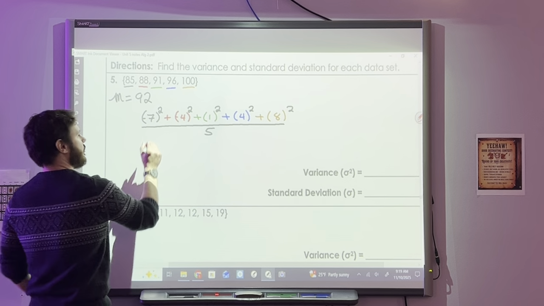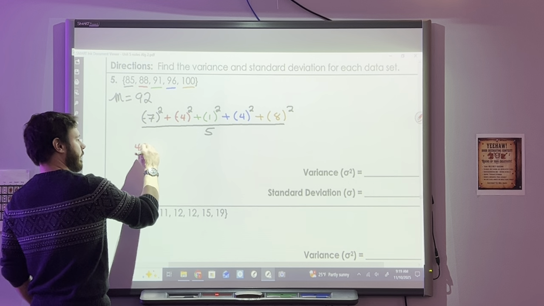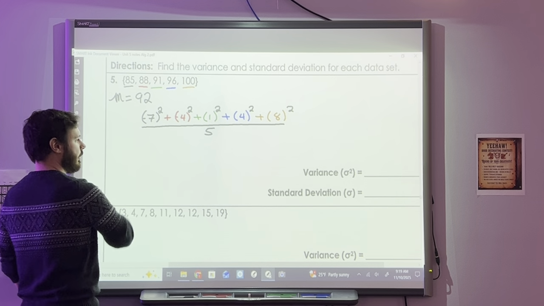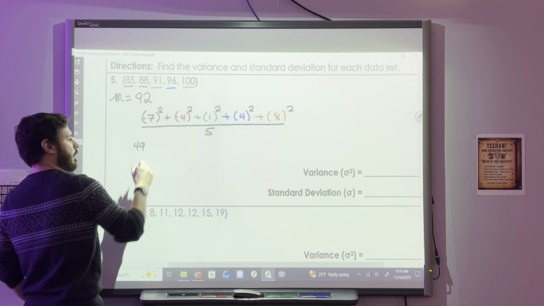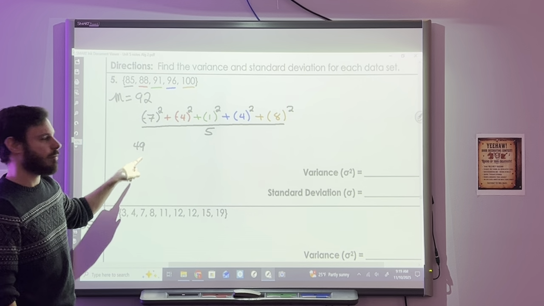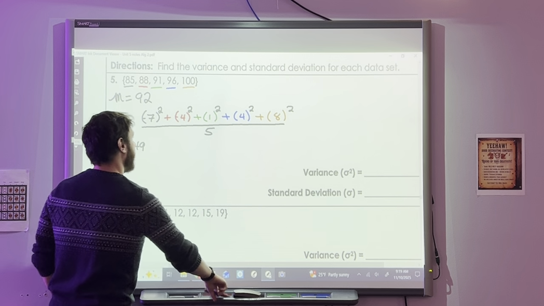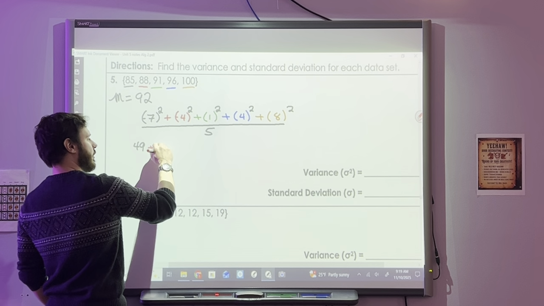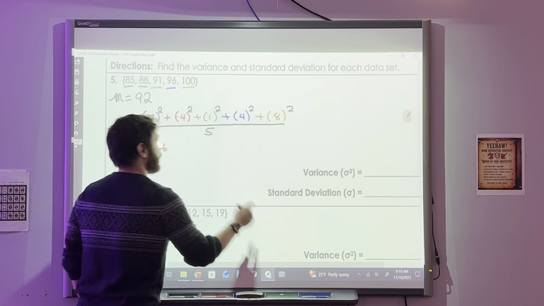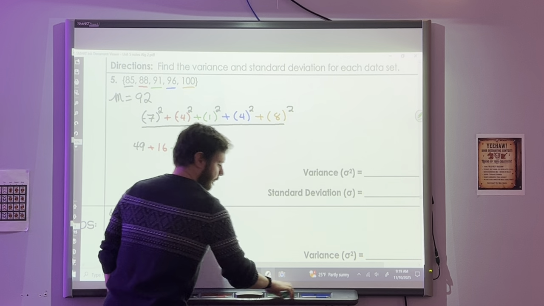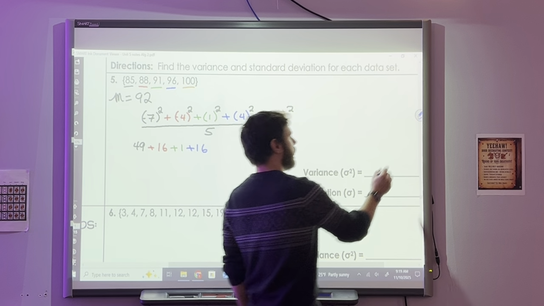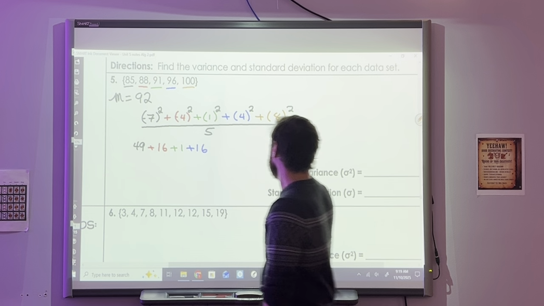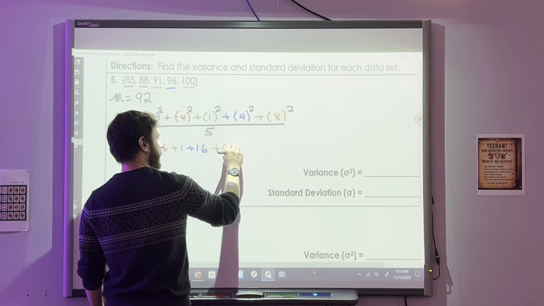Okay, 7 squared, 49. It's gonna bug you, I didn't write that in black. And -7 times -7 is still 49 positive, okay? Plus 4 squared, 16, plus 1 squared, 1, plus 4 squared, 16, and then plus 8 squared, 64.